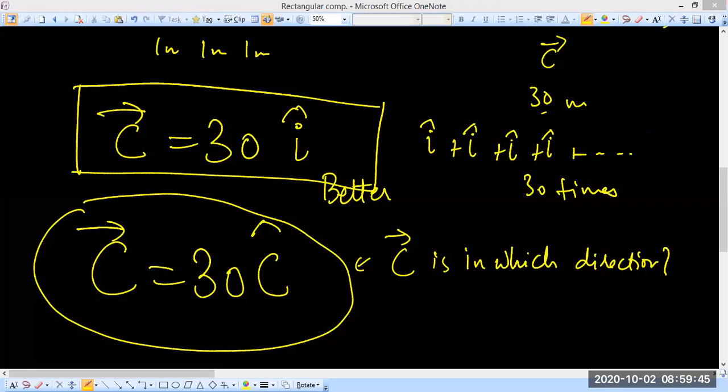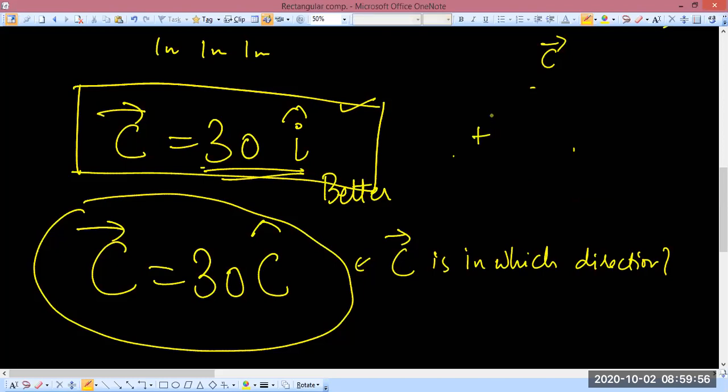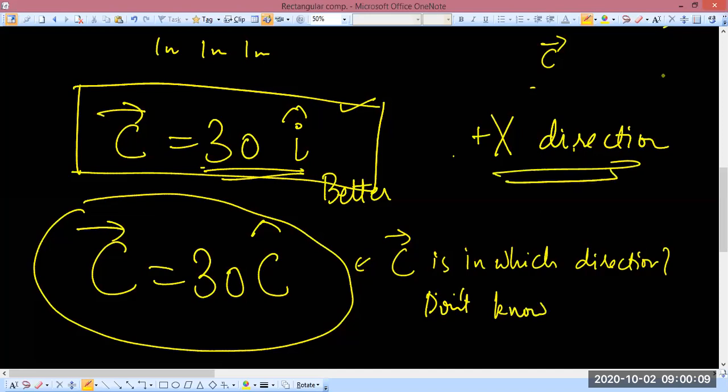But if you write like this, you will know that the C vector is definitely in the positive x direction, right? You don't know this here, but here you know that this is in the positive x direction.